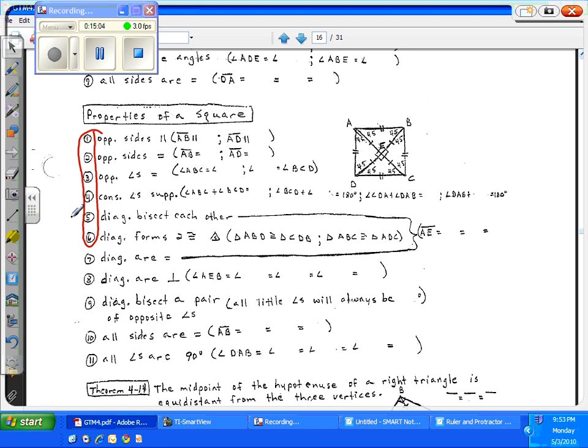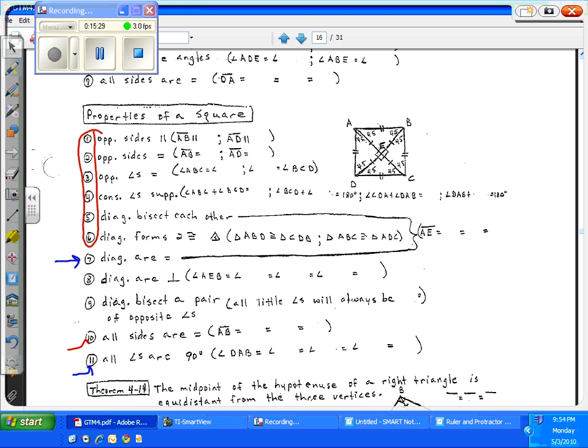The other ones are the fact that it is a rectangle. The fact that it's a rectangle says that all of its angles are 90. And because it's a rectangle, the diagonals are equal. The other properties come in because it is a rhombus.